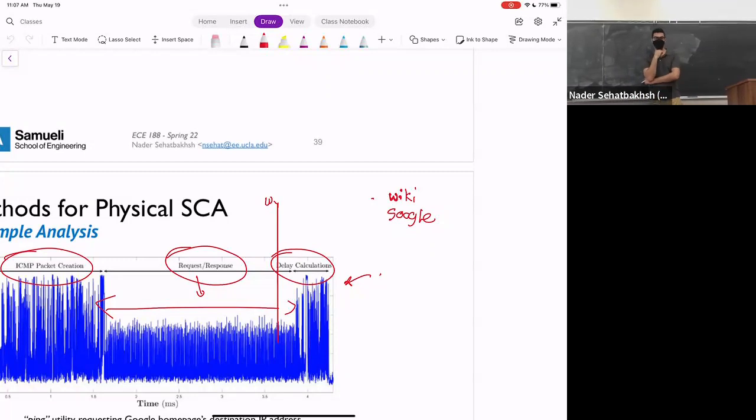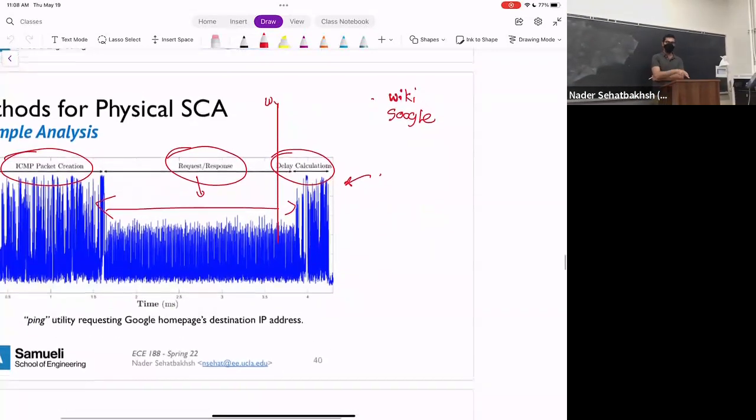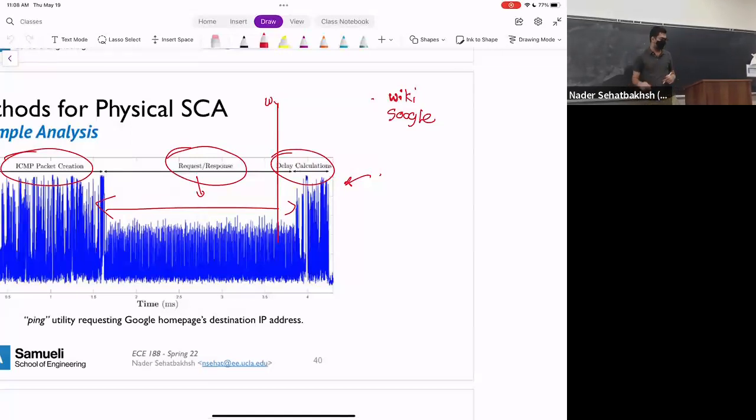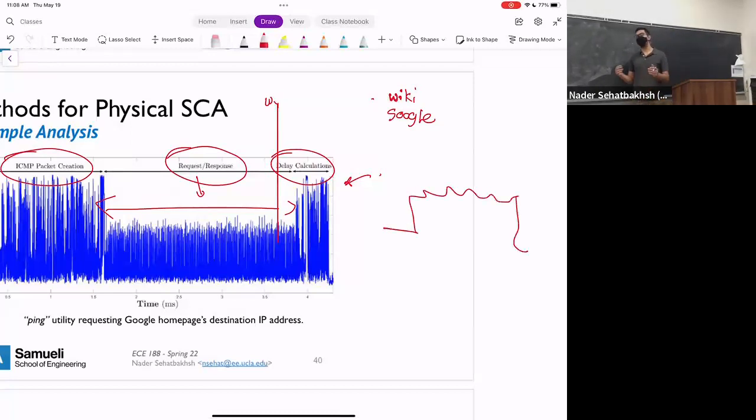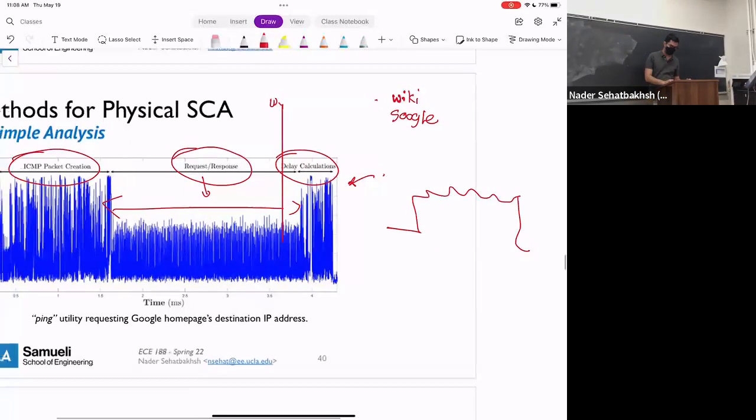This simple analysis was mainly used in the past for credit cards, because the actual activity of the credit card was very simple, and you could clearly see zeros and ones once it does, for example, the authentication. That was a huge problem at that time because the entire integrity of the credit card was called into question.